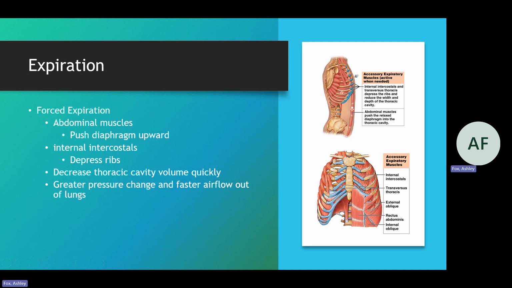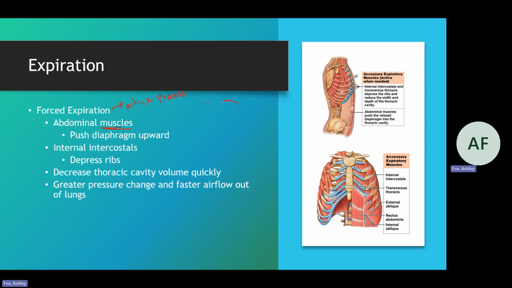Just like when we had a forced inspiration, we do have forced expiration, which is going to be an active process. This is when we actually have muscles getting involved and contracting. Abdominal muscles: when you push air out, like sighing, think of it that way, breathing air out, you actually contract your abdominal muscles and push the diaphragm upward.